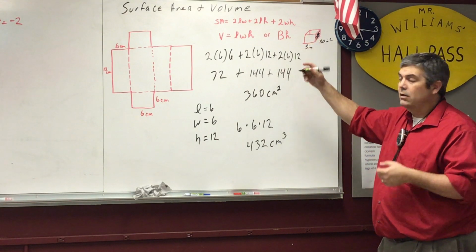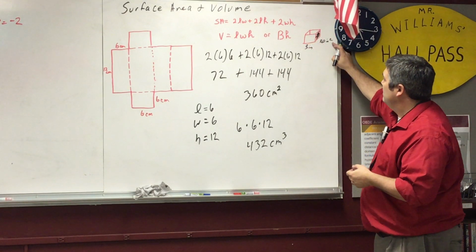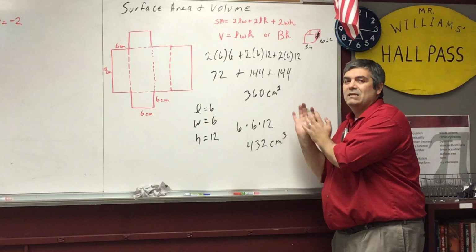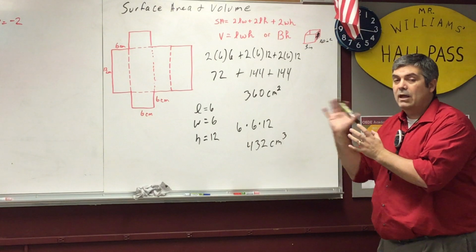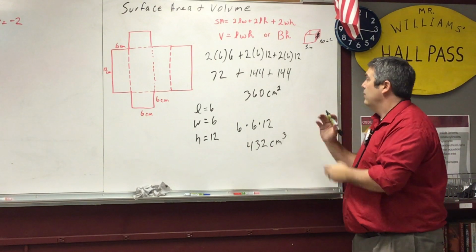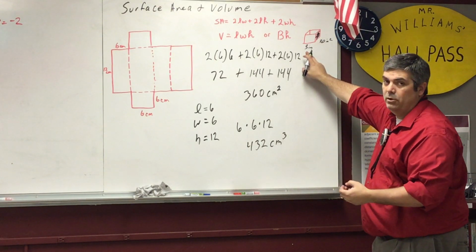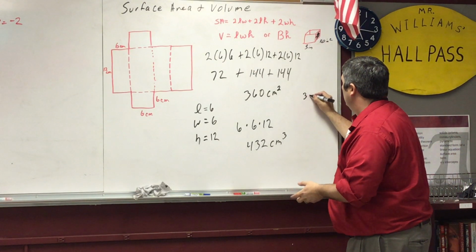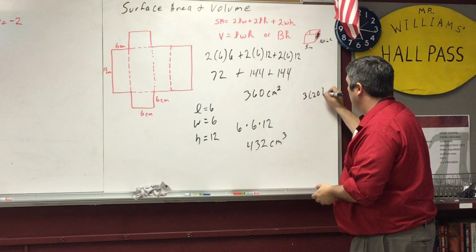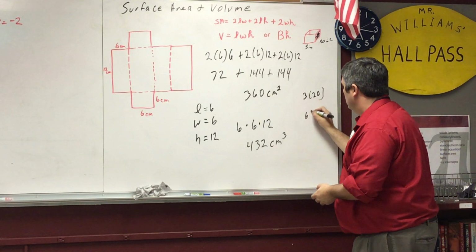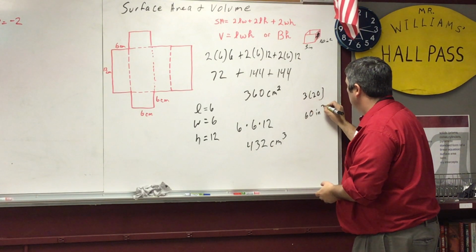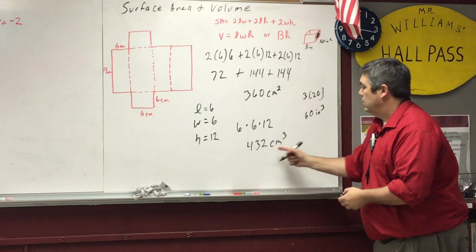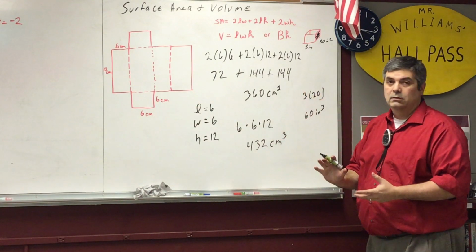Between it being shaded and being squared units, you understand that's the base area. So they've given you the area of one of the sides, and all you have to do is multiply it times this other number. 3 times 20 gives you 60 inches cubed.